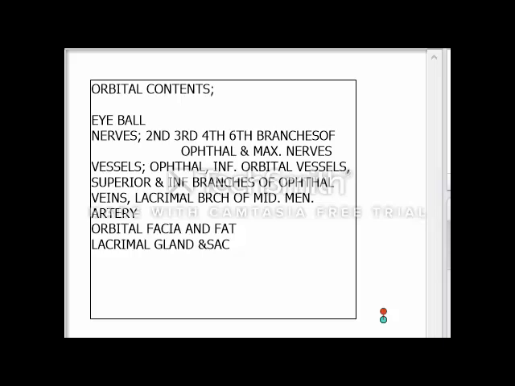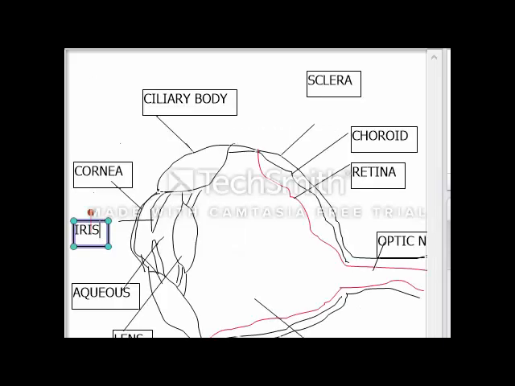We have ophthalmic vessels and inferior orbital vessels. We have superior and inferior branches of the ophthalmic vein. We have the lacrimal branch of the middle meningeal artery. We have fascia and fat within the bony orbit, and we also have the lacrimal gland and lacrimal sac.